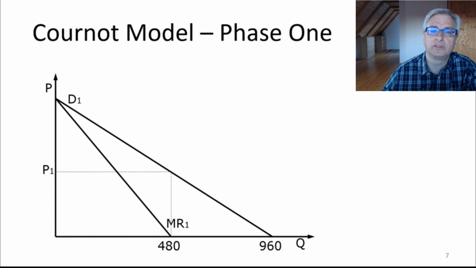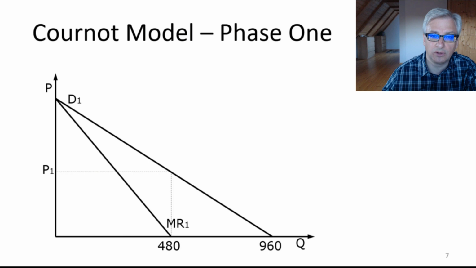Well, it all depends on the price. It's similar to the residual demand idea that we had before. If the second one wanted to keep the price of P1, then at P1 the market would buy only 480. This 480 is already produced by the first one, so there is nothing, there is zero space for the second producer.